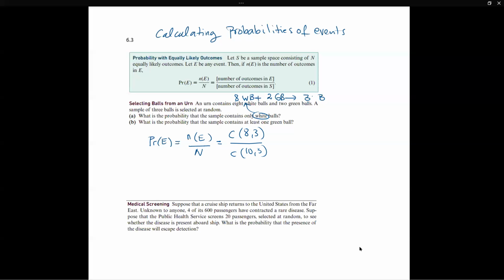And if you use the formula from the previous videos, I would recommend checking them and using the factorials for this combination formula, you should get 56 divided by 120, which is 7 out of 15. And 7 out of 15 in decimal is 0.4666.